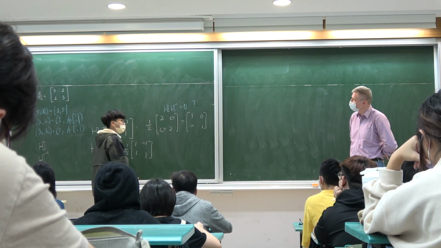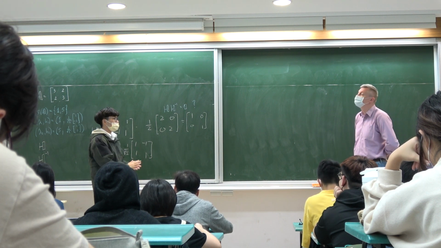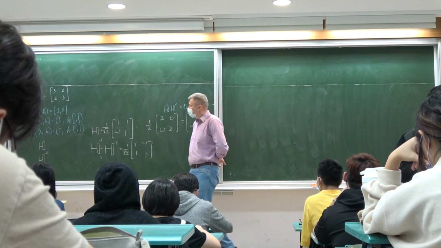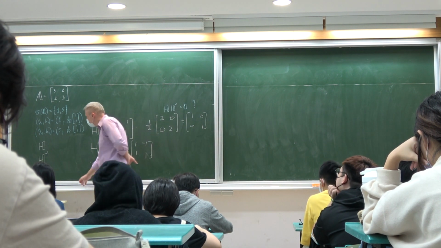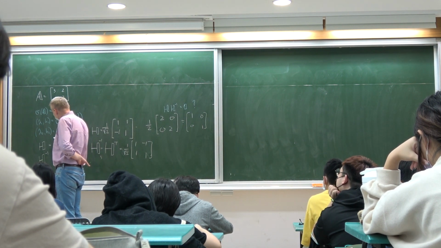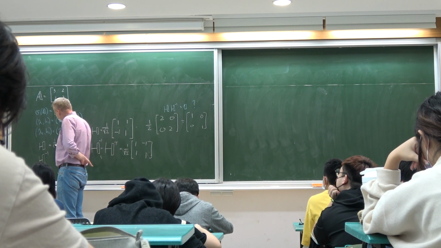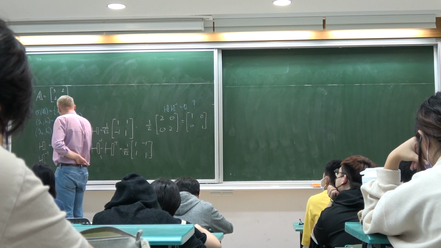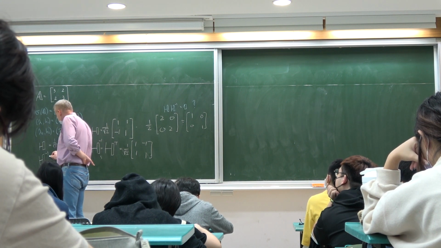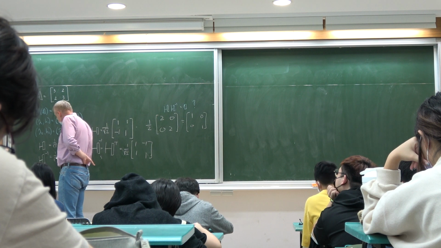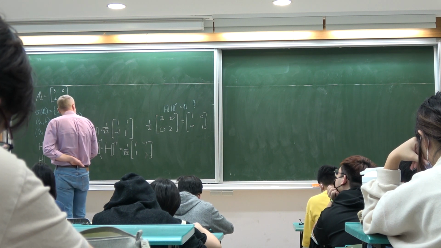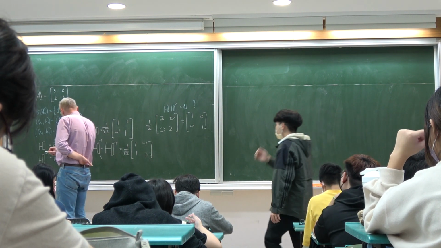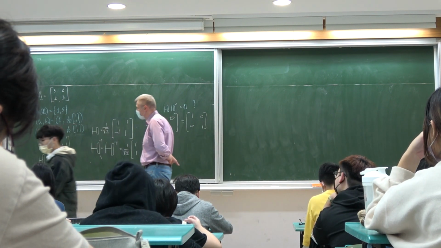So we have, very good. You already have inverse of H. Thank you. So we already have the two matrices, H equal 1 over square root 2, (1, 1, 1, minus 1), and H inverse, 2, (1, 1, minus 1, 1). Very nice.